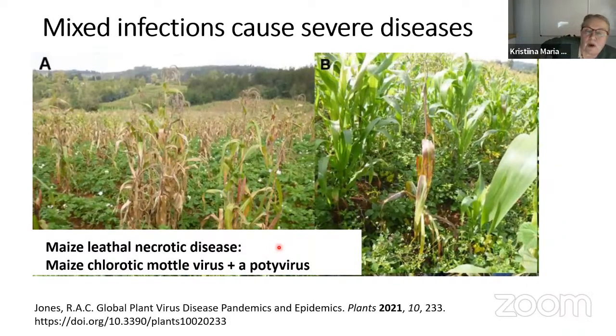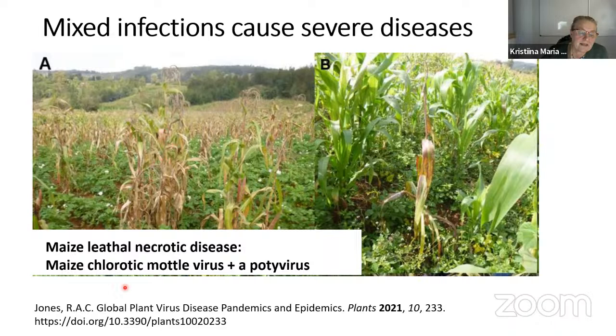Then I would like to take my second example of mixed infections, and I will start by telling that most of the very severe viral infections that are really devastating, for example, here, this maize field, are often caused by 2 or more simultaneously infecting viruses.